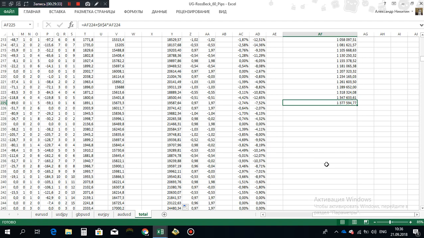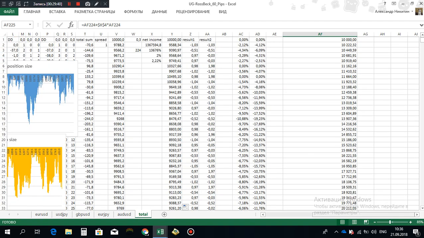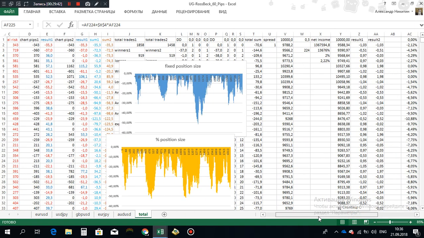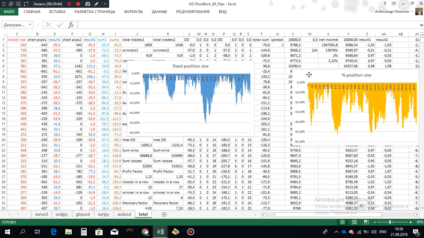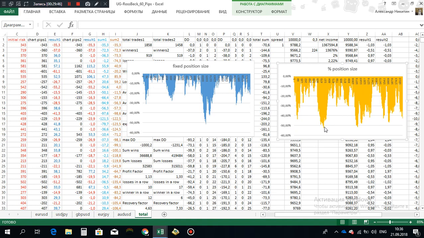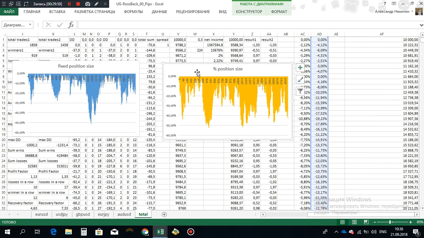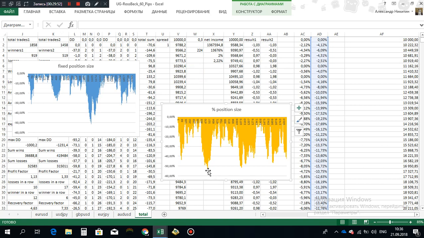So it is not something unbelievable. And what is remarkable is the drawdown. The maximal drawdown is only 50%.